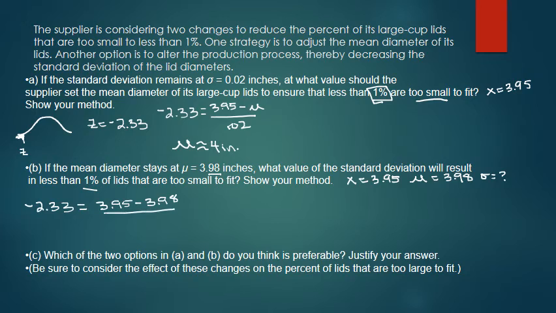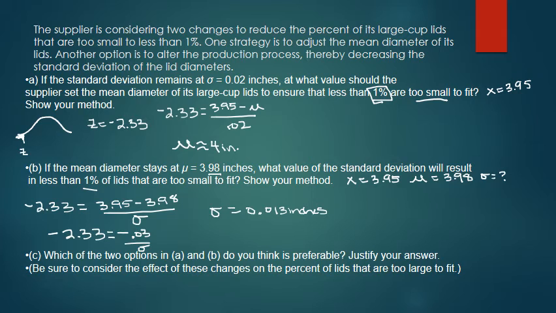What we don't know is the standard deviation. So we're going to simplify the top, which would be negative 2.33 equals negative 0.03 over sigma. So multiply both sides by sigma and divide by negative 2.33, and we should get the standard deviation is approximately 0.013 inches.